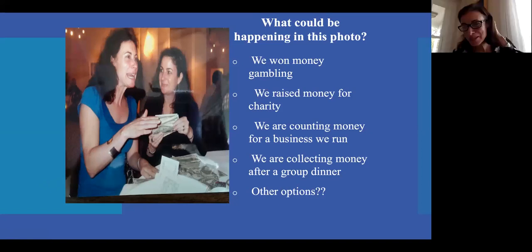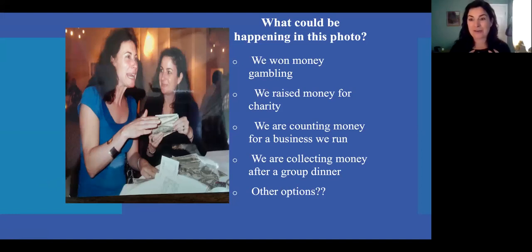And what's more bizarre is someone took a photo of us doing it, sitting there like that. This is one of those all-time funny photos. What we don't want is anyone to jump to a conclusion about what this was. So now that we've generated some ideas, I can tell you what this was. It's actually number 4. We're collecting money after a group dinner.